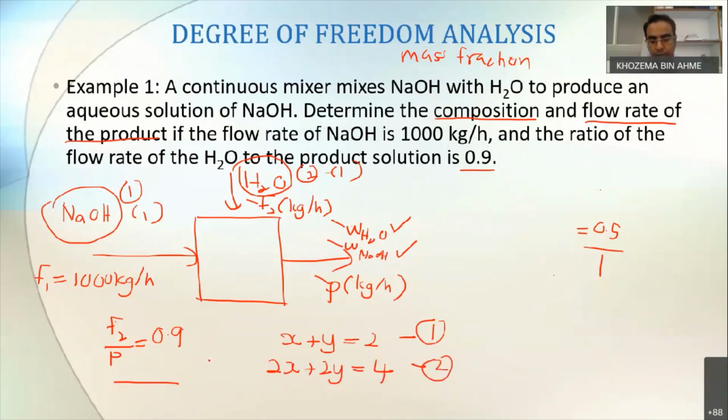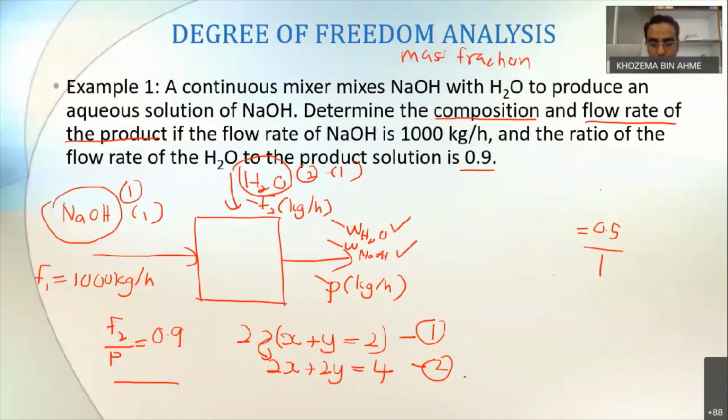But based on this, I know that equation 2 is actually dependent on equation 1. Why? Because in order for me to get equation 2, I just multiply everything by 2. So equation 2, 2x plus 2y, is not independent. It is dependent on equation number 1.